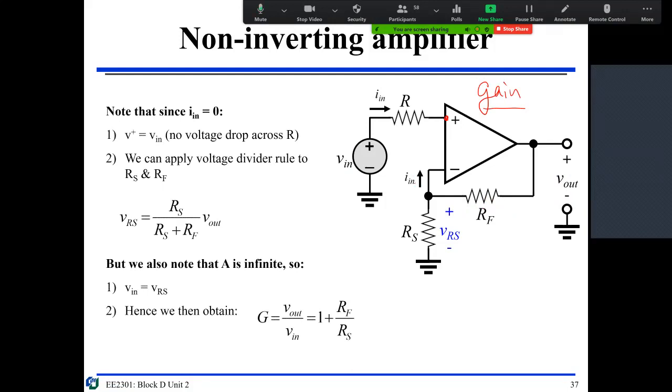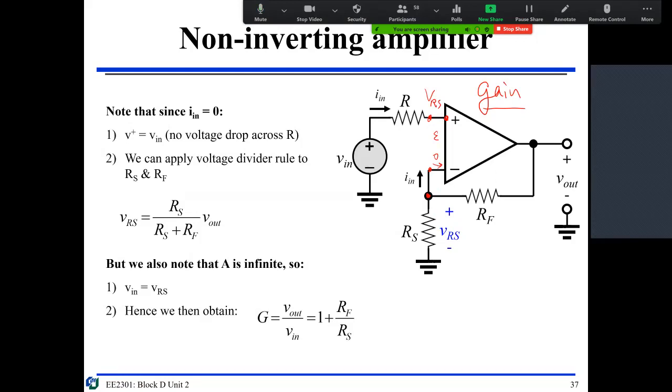So here's the reasoning. We know we don't have current going inside here. This is 0. And the difference between this one and this one is almost 0, it's epsilon. So in other words, if this is VRS, this is VRS, so this is also VRS, the same.